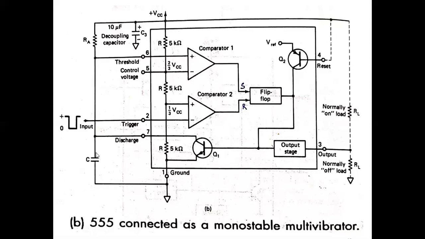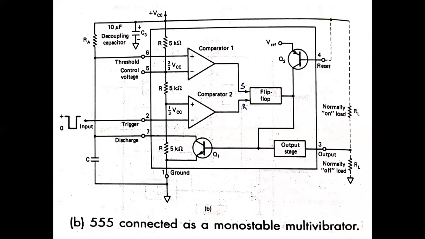The output of the monostable remains low until a trigger pulse is again applied. Then the cycle repeats.